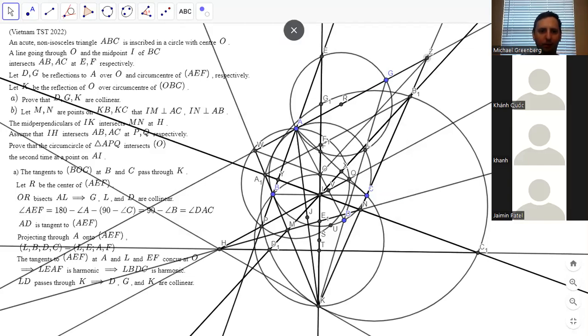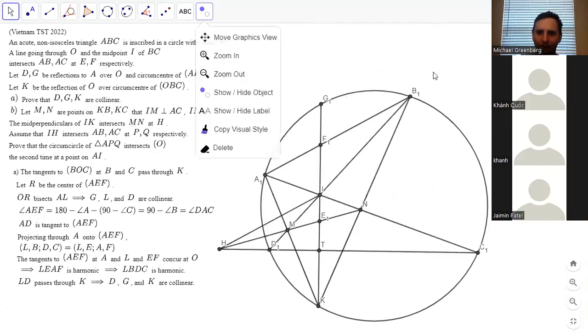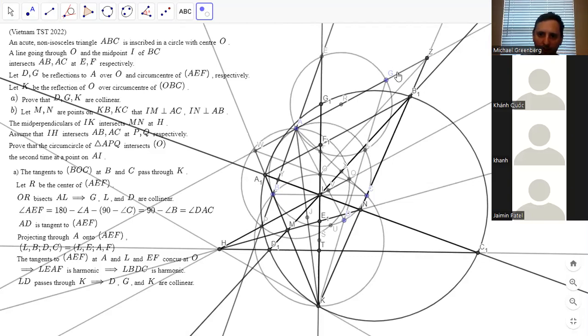For some reason, when you unhide too much, it unhides everything. So let me do this one more time. B and C. All right, let's see how that looks for now.